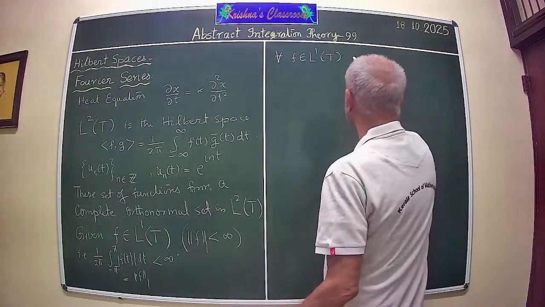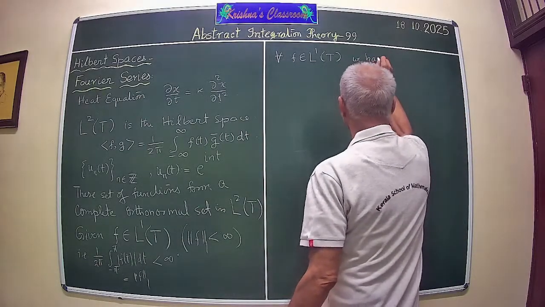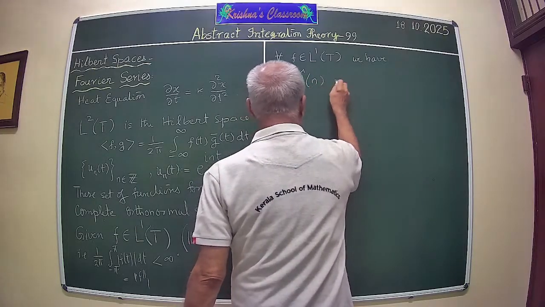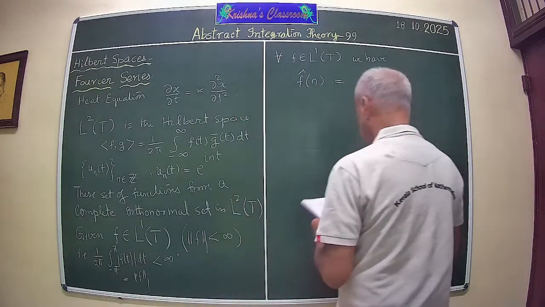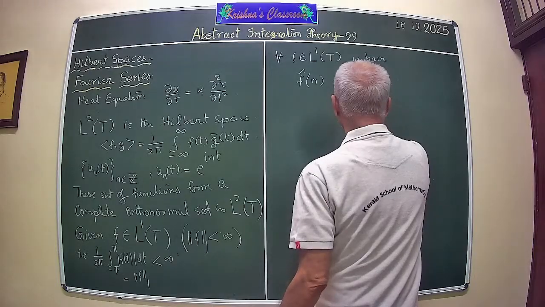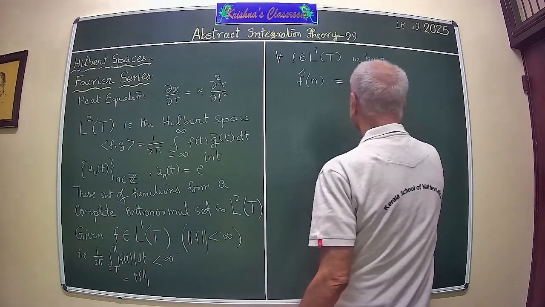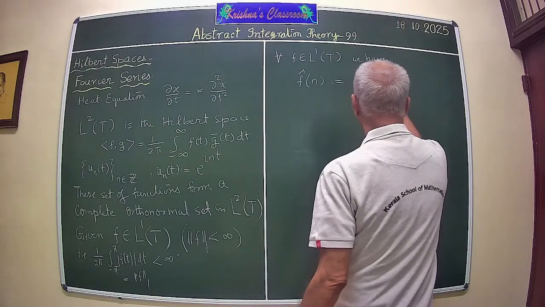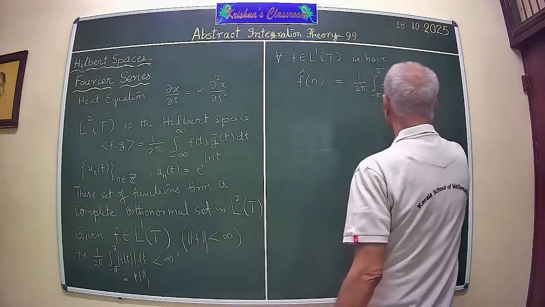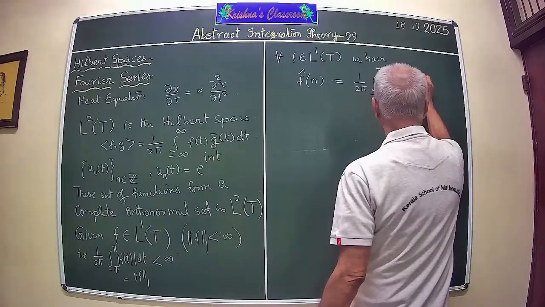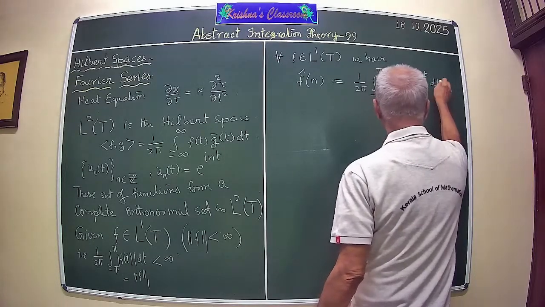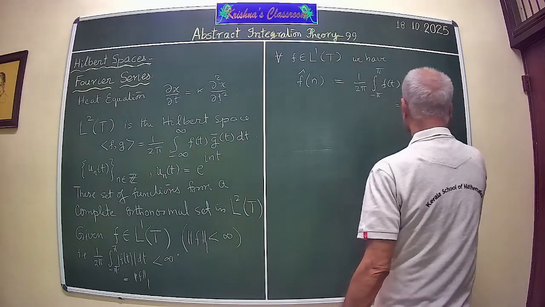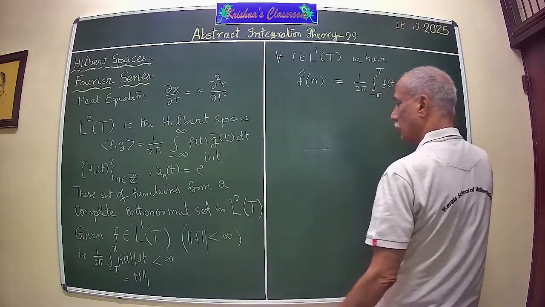we have f hat n defined as 1 by 2 pi integral of f(t) e to the power minus int dt. This is essentially the inner product of f with un.